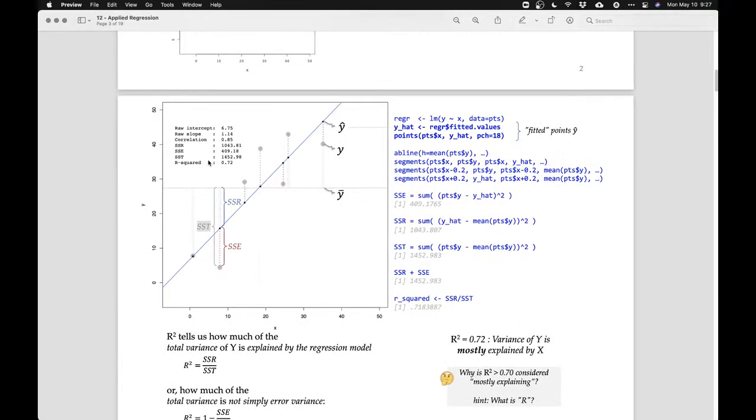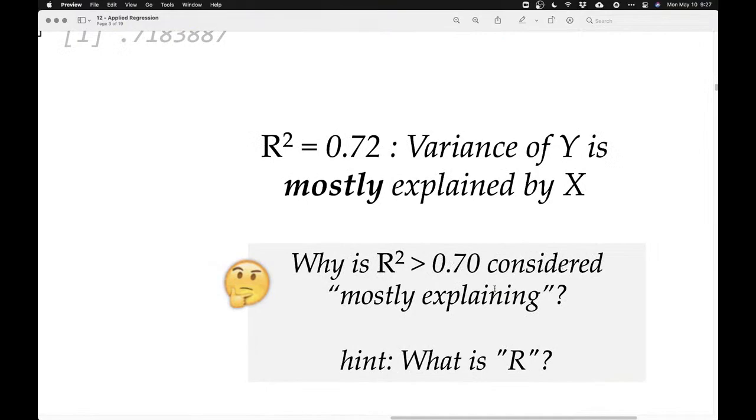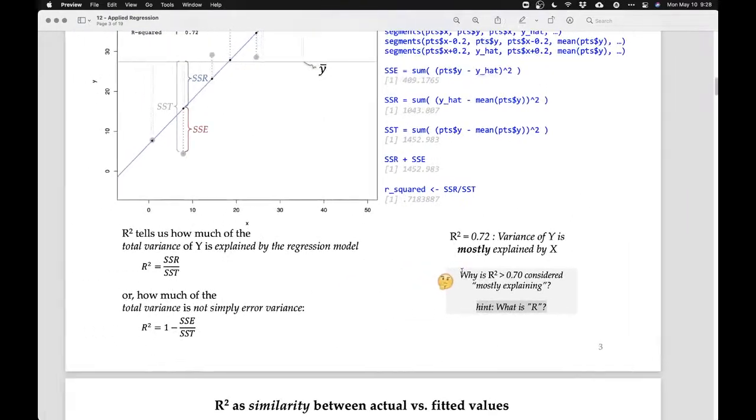So my hint here: why is an R squared greater than 0.7 considered good? When R squared is bigger than 0.7, we can say the variance of Y is mostly explained by X. Why is that? My unhelpful hint here is, well, what is R in R squared?